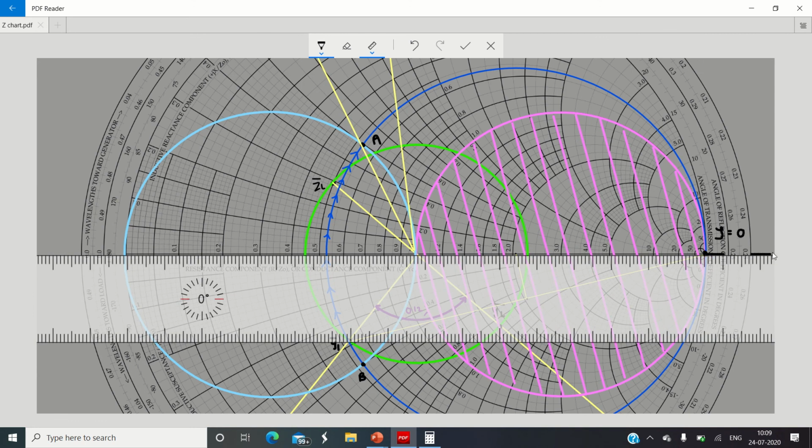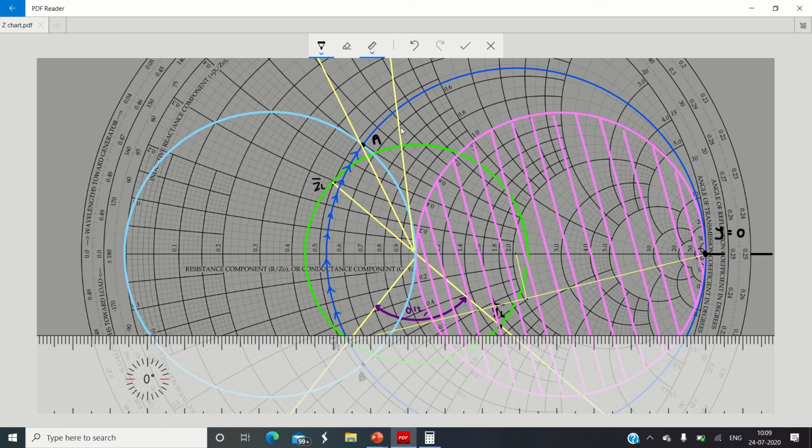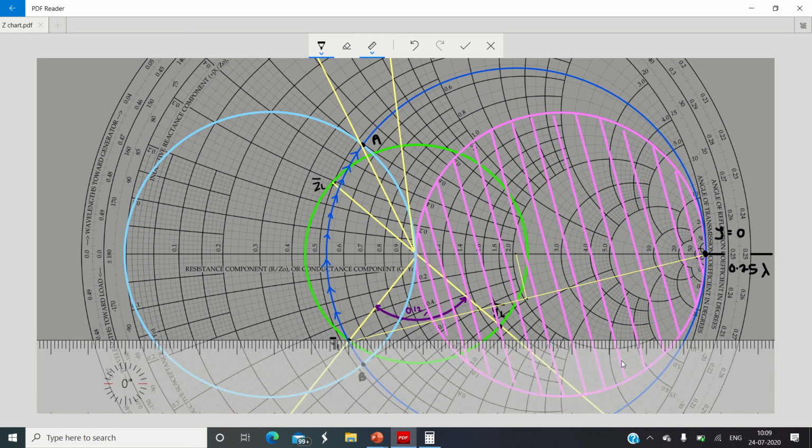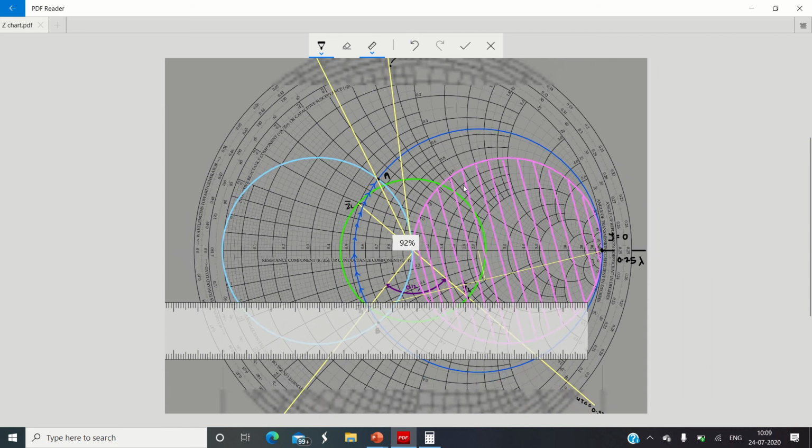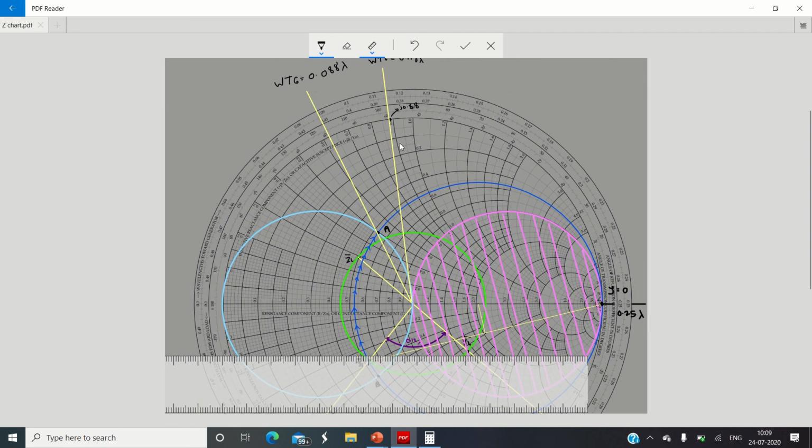What is this line indicating? It is 0.25 lambda. So the value of WTG here, I will write over here, is 0.25 lambda. From this line you need to locate the line which we plotted for that imaginary part, and this much distance is nothing but the length of your stub.